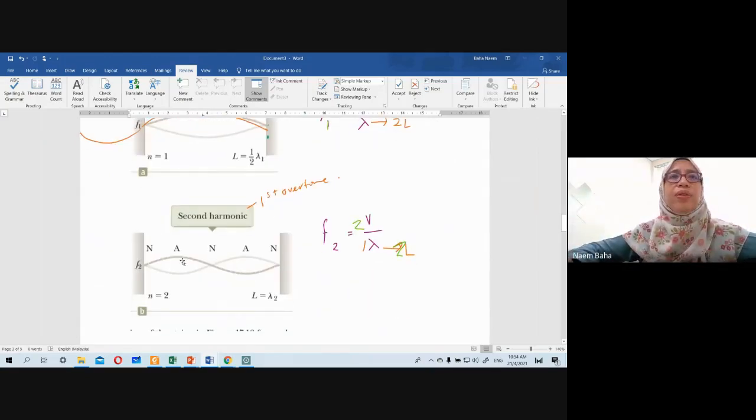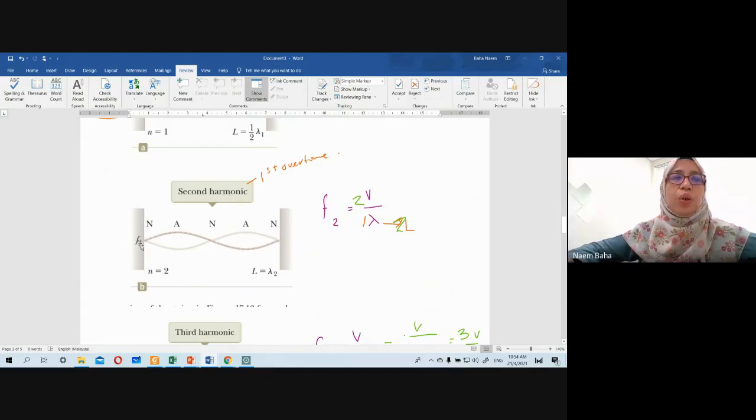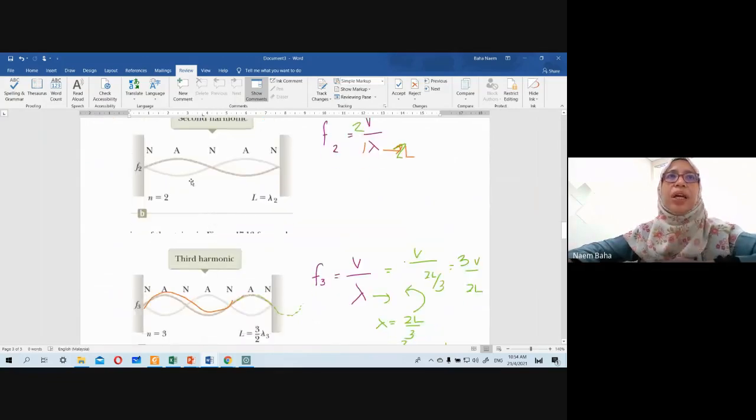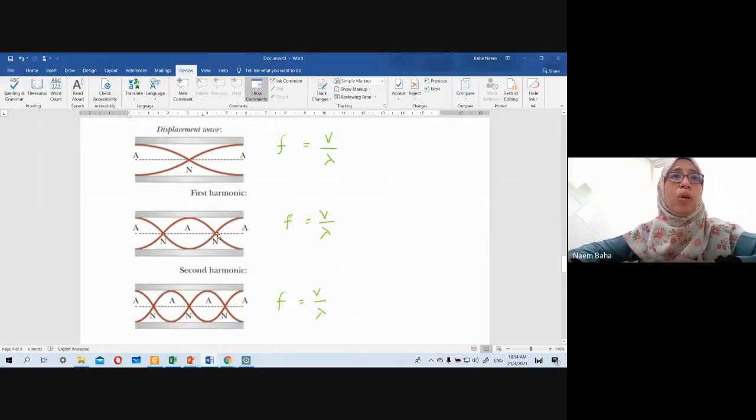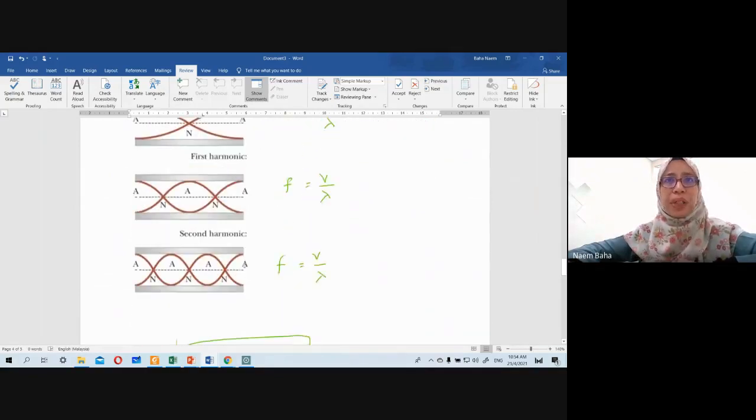So here we have nodes, labelled N, N, N, to the left, 3 nodes. The numbering of nodes will be a little bit different. For this second harmonic, there were 1, 2, 3 nodes, but for this one, there are only 2 nodes. But it is much easier to understand in terms of drawing for an air column.